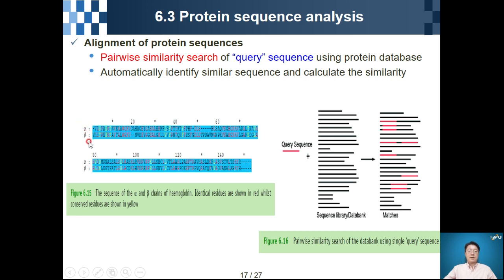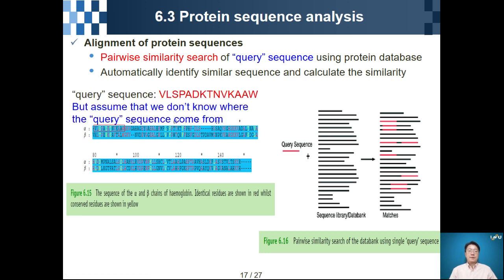The query sequence comes from the alpha chain of hemoglobin. The sequence is VLSPADKTNVKAW. But we assume that we don't know where this query sequence comes from. So we use this query sequence and do the pairwise similarity searches using the database.